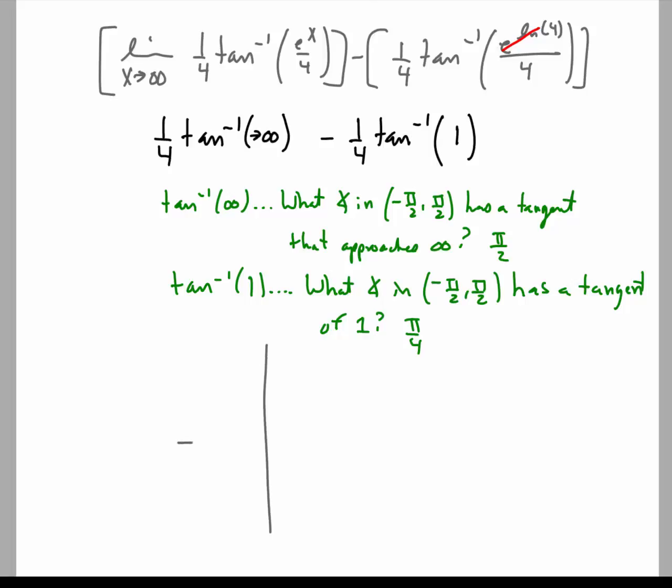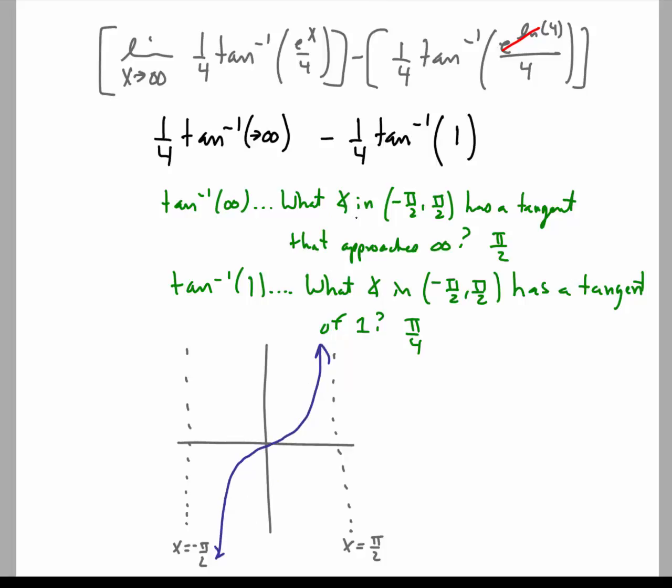So if we talk about the tangent graph, the tangent is undefined, sine over cosine, wherever the cosine is equal to 0. So this has an asymptotic line at pi over 2 and has another asymptotic line at negative pi over 2. So this is what the tangent graph looks like.